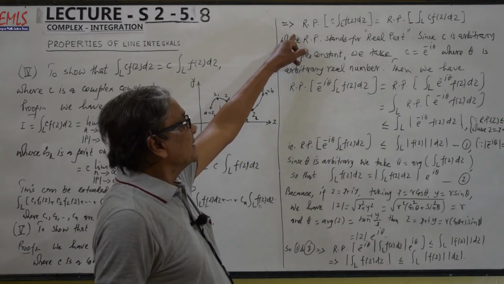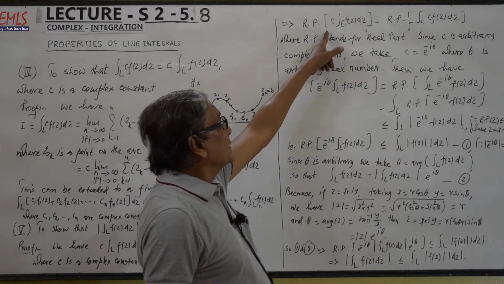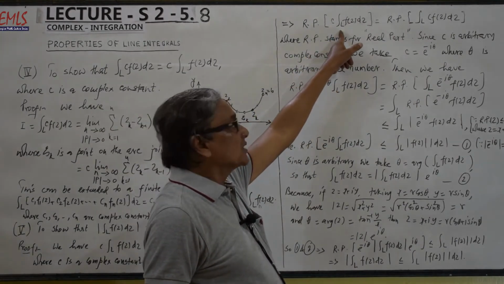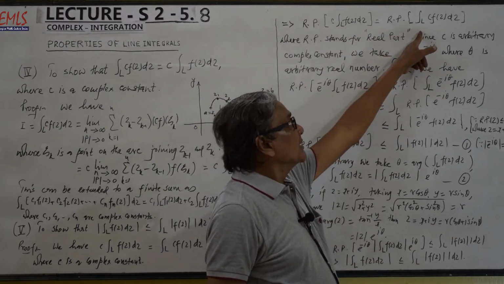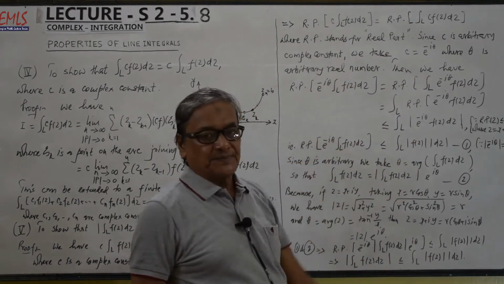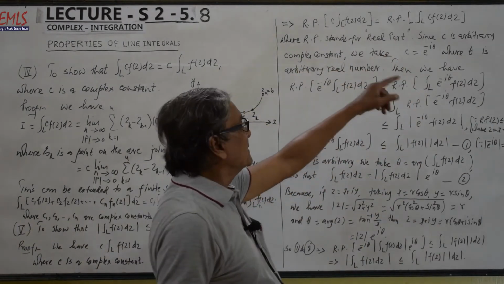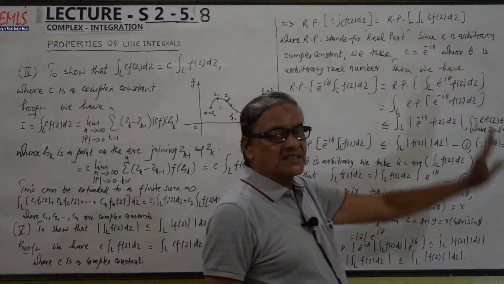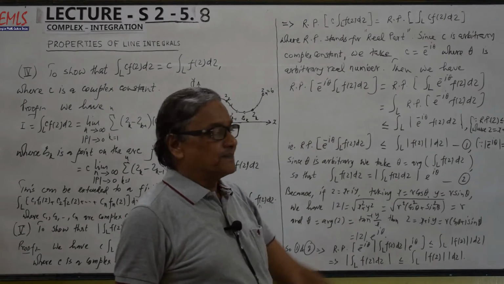This implies real part, Rp stands for real part, Rp of c times integral over L f(z) dz equal to Rp integral over L c f(z) dz. Since c is an arbitrary complex constant, we take c equal to e to power minus i theta, where theta is an arbitrary real number.